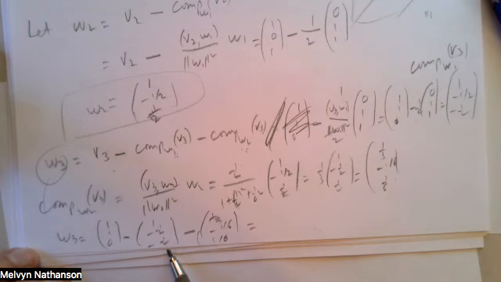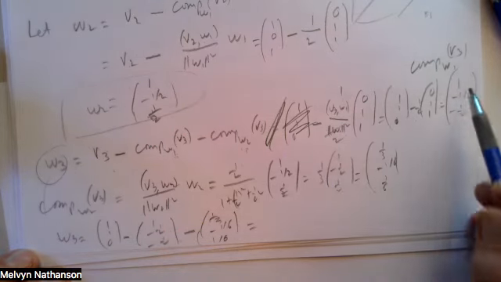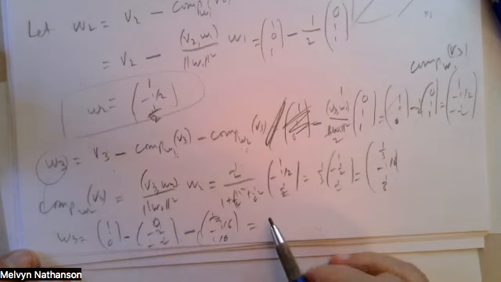What do I get? Component of V3 in the direction of W1, sorry, this is 0 minus a half minus a half. So I get 1 minus 1/3.